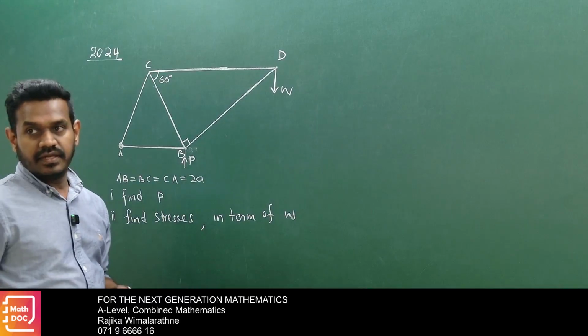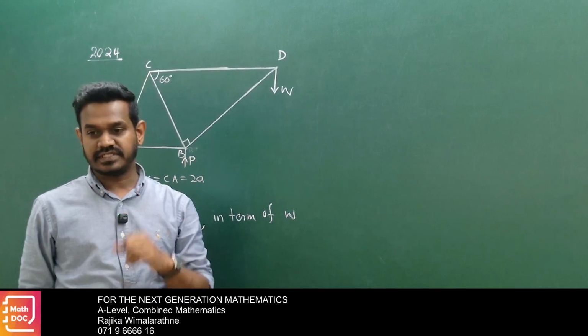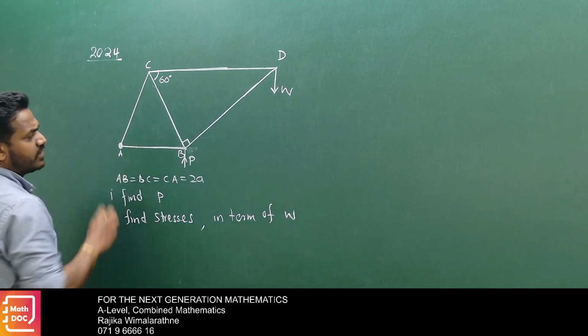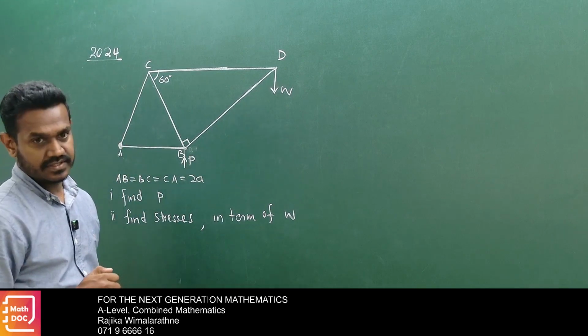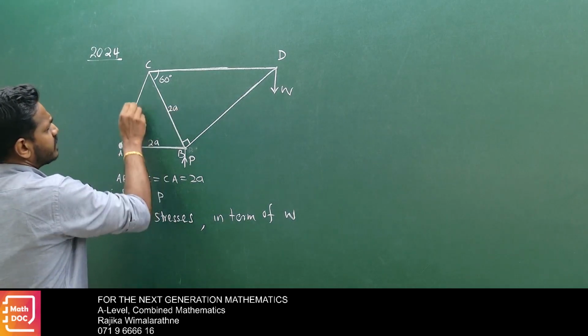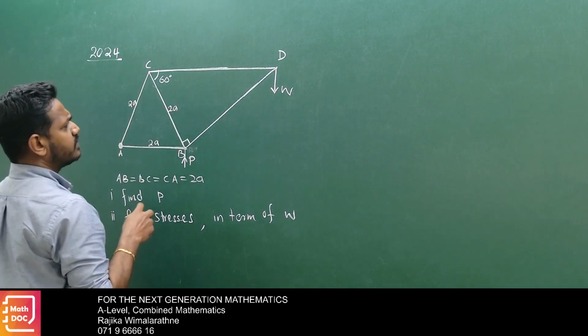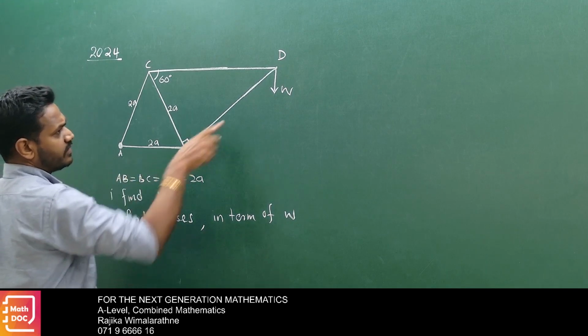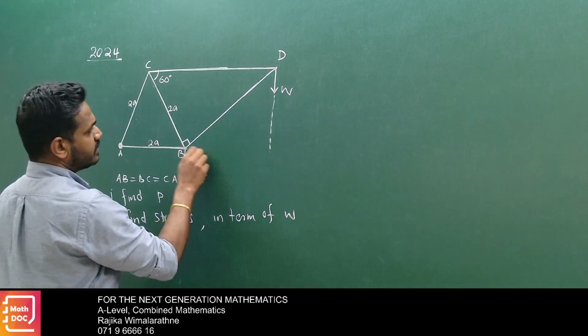Okay, now here the first step we have to find P, no? Then we have a hinge here, so you better take moment about A first. Then find the length here, 2A, no? For this one, the perpendicular length, we have to produce it.